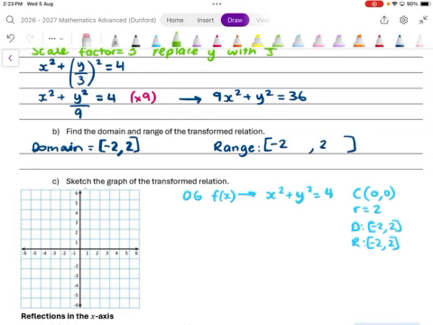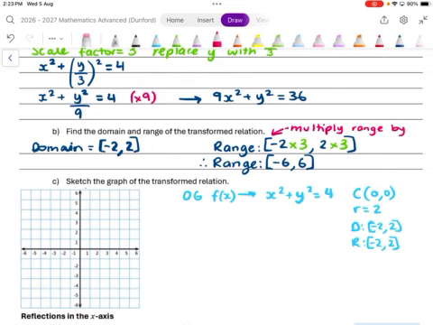What we have to do is multiply our range by our scale factor of 3. So therefore our range is going to be -6 to 6. So if we need a note, multiply range by k.